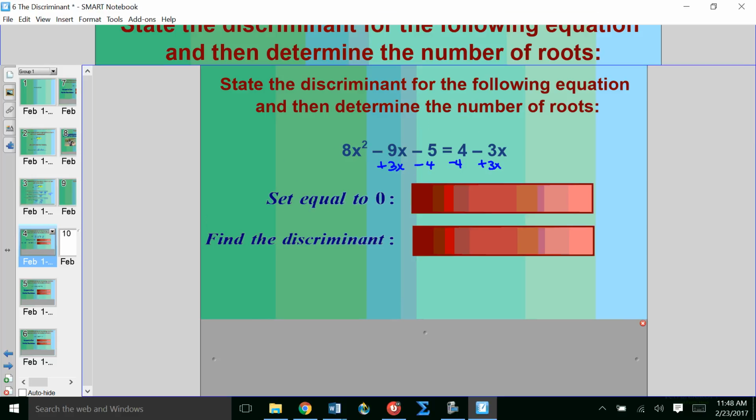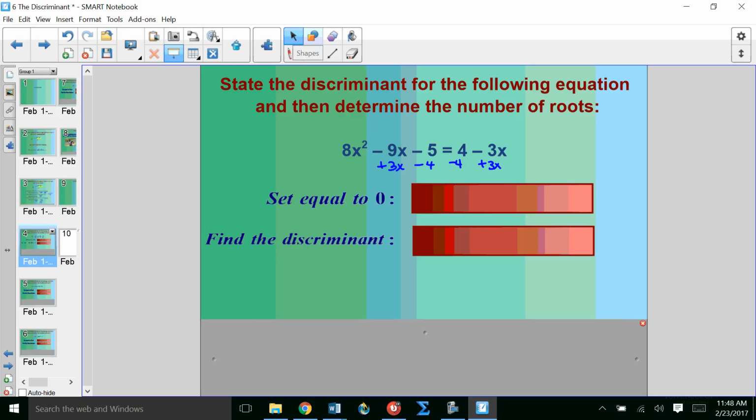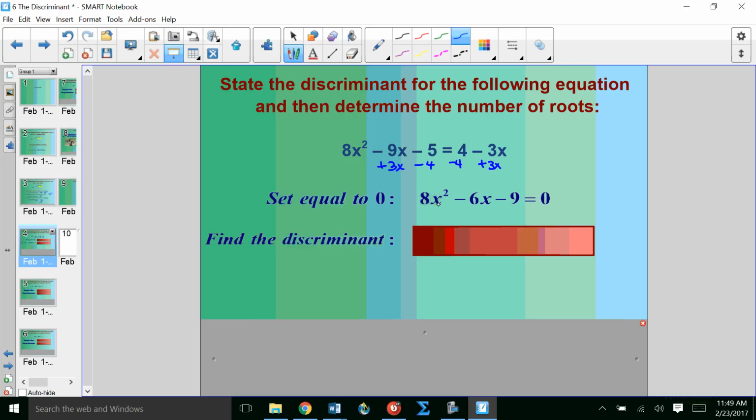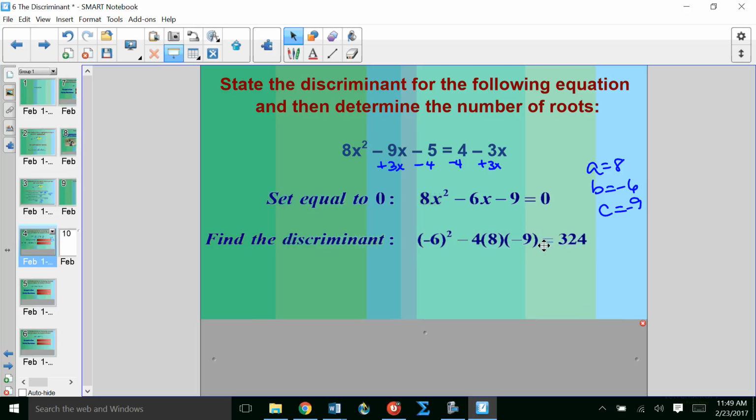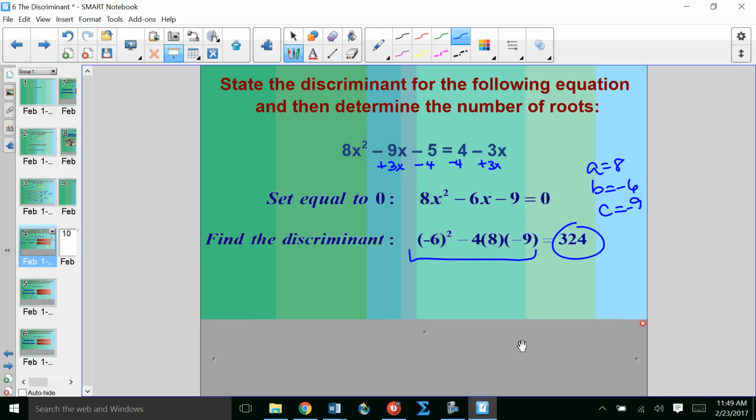Once we've done that, we will find the discriminant, which is just b squared minus 4ac. Here a is 8, b is negative 6, c is negative 9. So the discriminant is negative 6 squared minus 4 times 8 times negative 9, and all of this simplifies to 324.